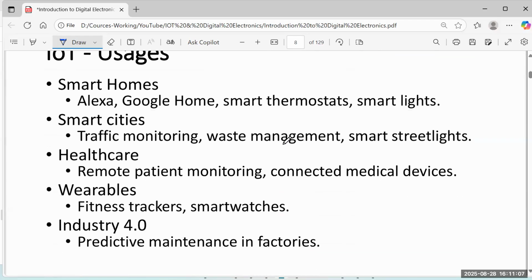So the usages of IoT include obviously smart homes, smart cities. We can use it heavily in healthcare. Wearables can be used. And there's something called Industry 4.0.